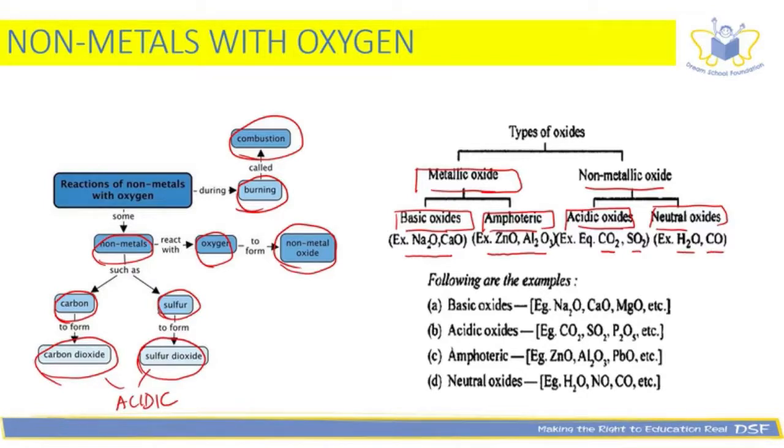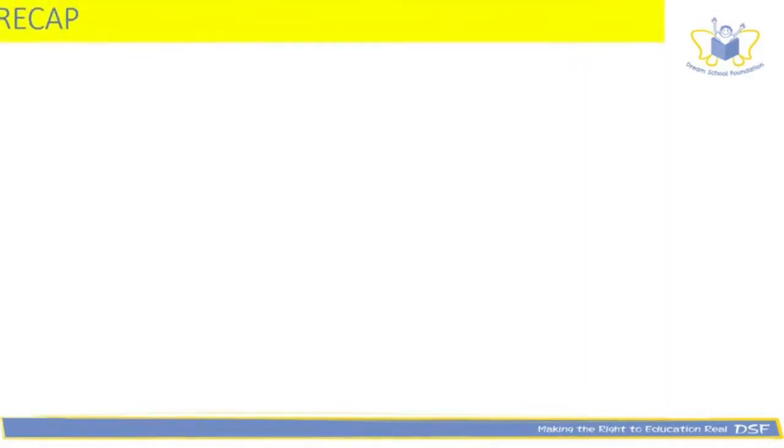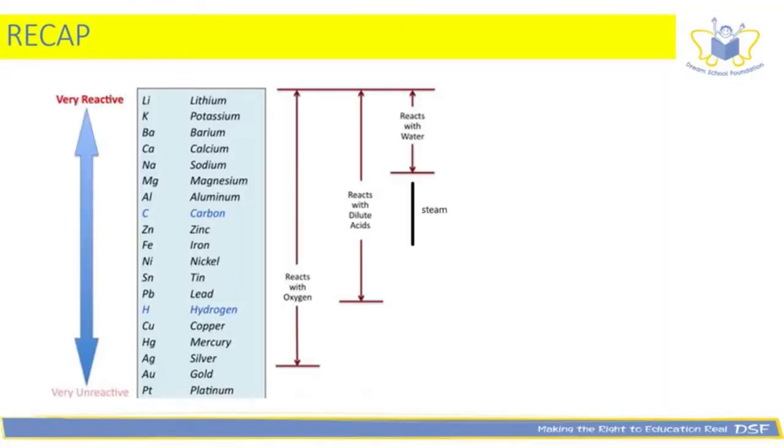Here you can have a look at different examples. Let's see what we have learned till now. We learned about the reactivity series. We saw that electropositivity goes down as you go down the reactivity series, and that the higher ranking metals are more electropositive and hence they donate electrons very easily and are very reactive when compared to the lower ranking metals.